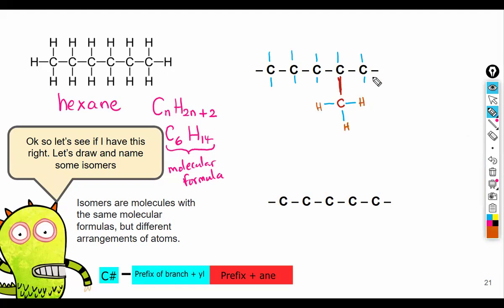At the end of each bond, we are going to put an H. Once I follow that rule, that each carbon must have 4 bonds attached to it, and at the end of each bond I have a hydrogen, do I have the same amount of hydrogens and carbons as the original hexane? Do I have the same amount of C's and H's?